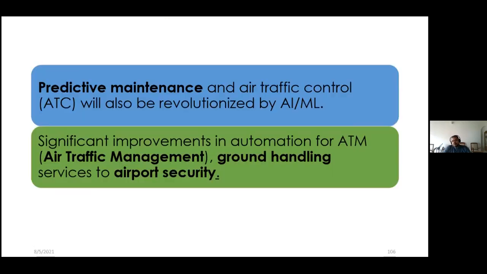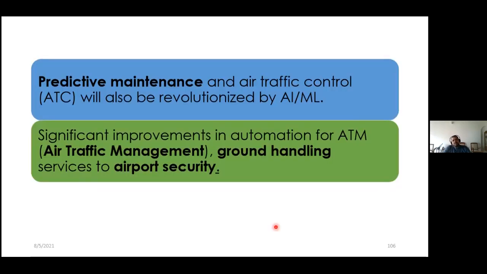Then we spoke about predictive maintenance, then air traffic management itself, and ground handling and security. Those are three main areas where significant improvements and automation are taking place through artificial intelligence, data science, and even certain predictive models and predictive analytical tools, because these all use a lot of unstructured data.